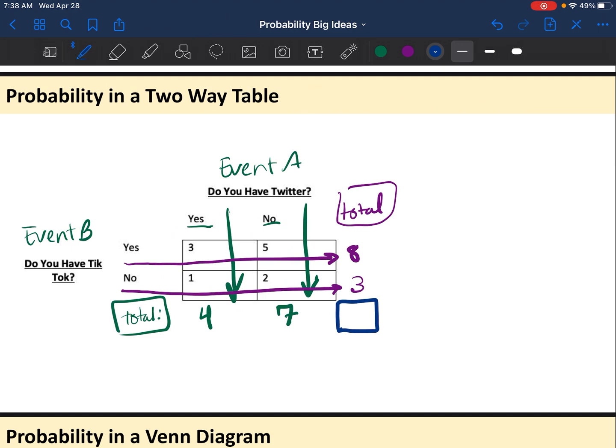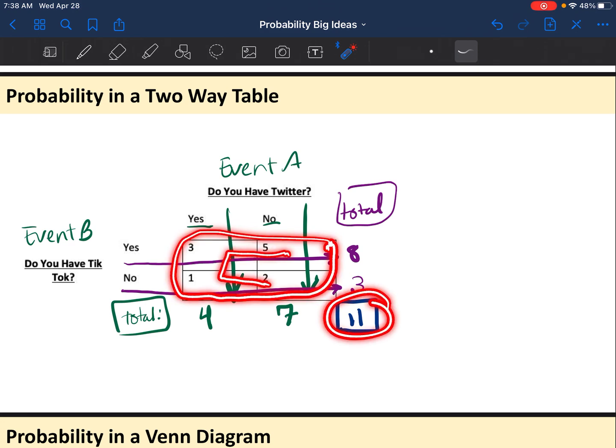So 8 plus 3 is 11, and this should work both ways. 8 plus 3 is 11, 4 plus 7 is 11. If one of them doesn't work, it means part of your answer is not correct. I can also add up the numbers on the inside of the boxes because these are all the possible answers. This will encapsulate every single person. So 5 plus 3 plus 1 plus 2 is 11.